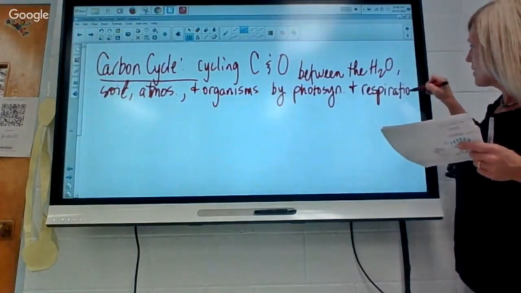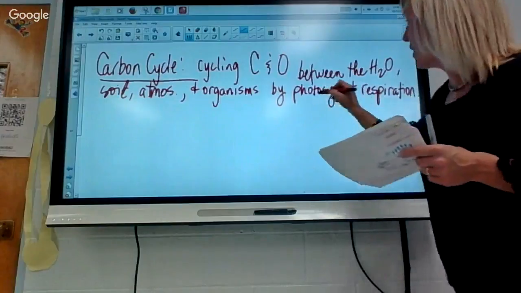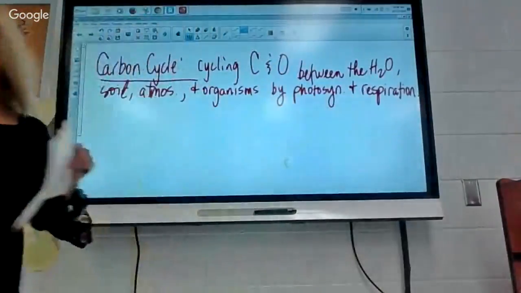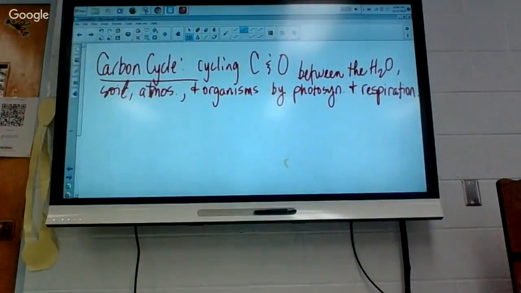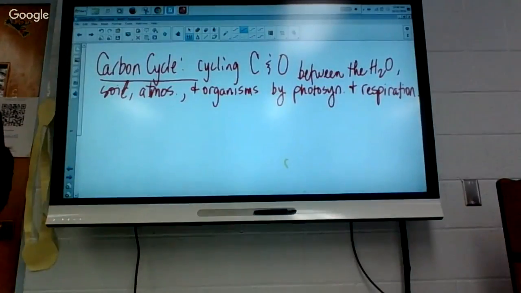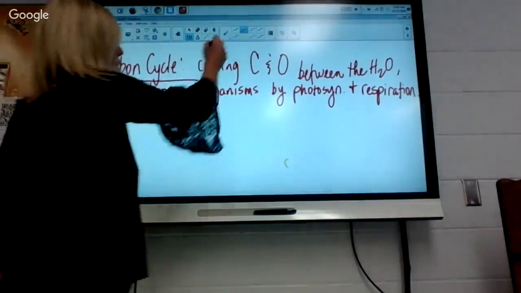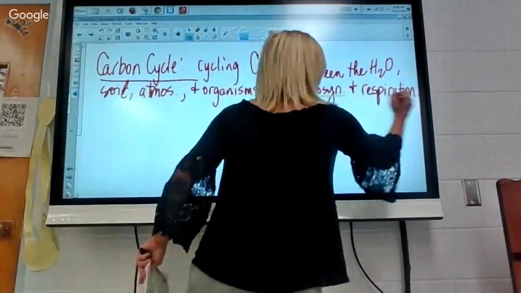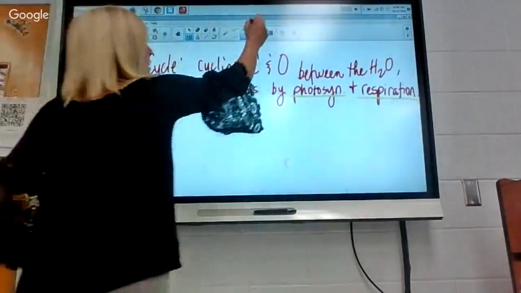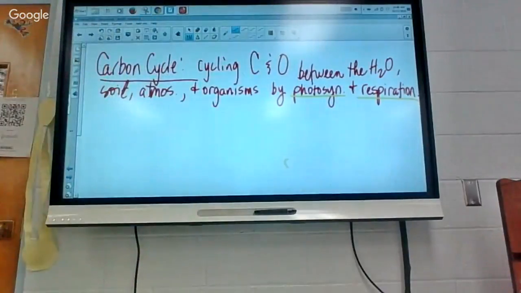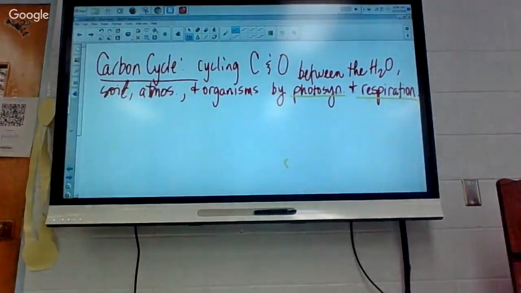All right, so they're going to ask the question. That's really the two processes that are most important. Now, if you look at your notes and you can't really even see them, then we need to color code them or do something to make them stand out. So it wouldn't hurt just to underline those words. Okay, so that goes up top where it says carbon cycle, the little colon.